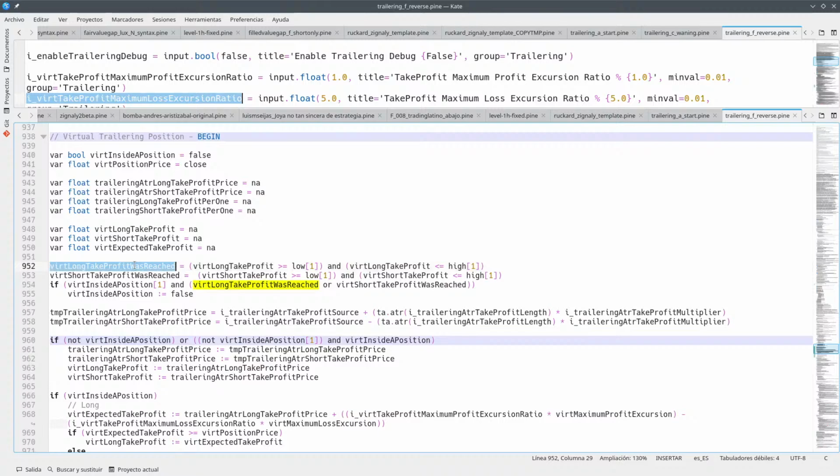Because this take profit was reached while being inside the position.